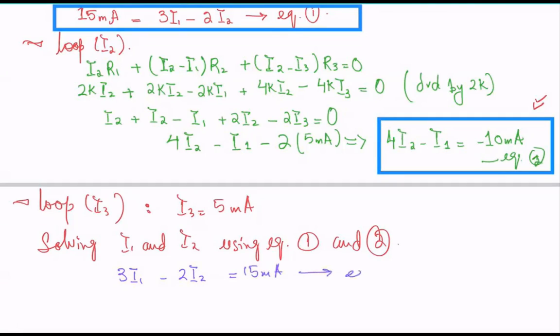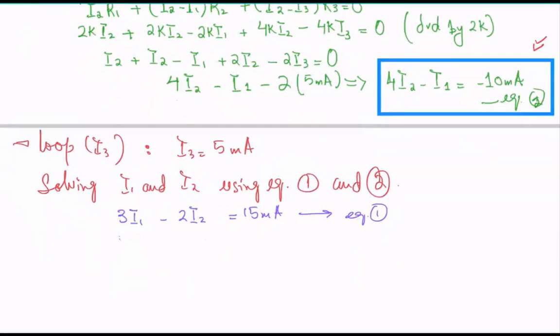That was equation 1. And then I have 4I2, and if I rearrange this, negative I1 plus 4I2 equals negative 10 milliamp. Okay, so that was my equation 2.